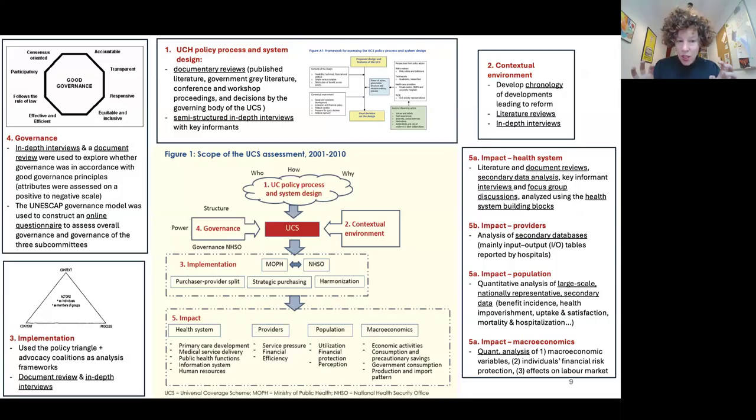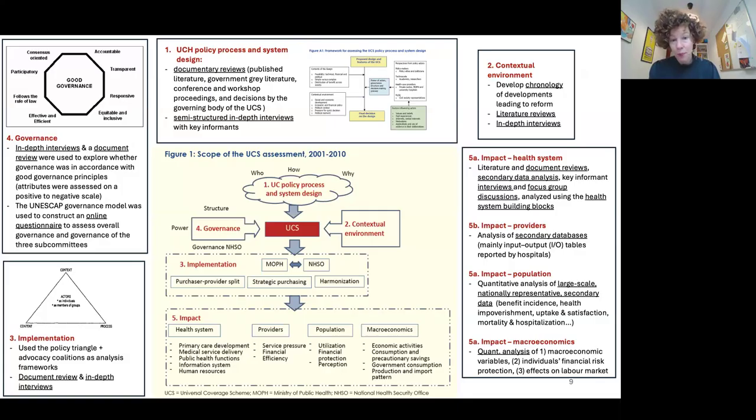And then each of these five had little sub studies. But what I'm trying to show here is basically this is how they define the case, and they used all these different methods across these subsystems, like in-depth interviews, document review. They made a chronology, and they really only used quantitative analyses for number five, the impact.